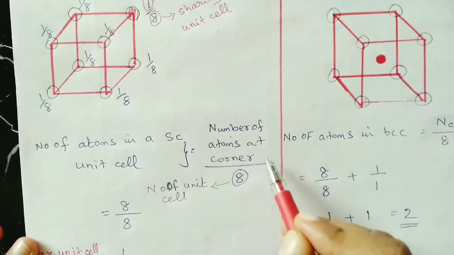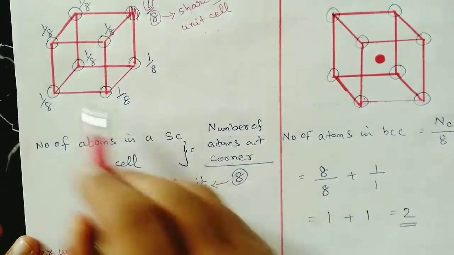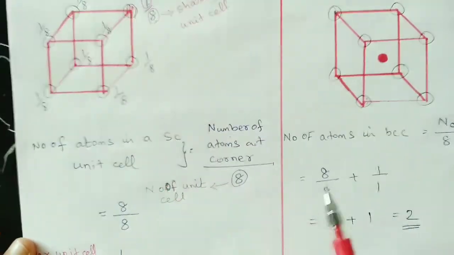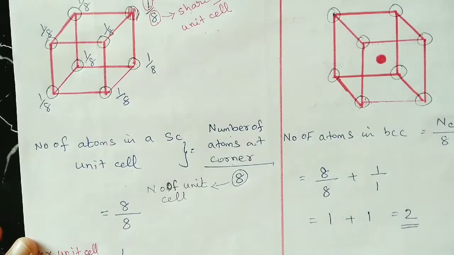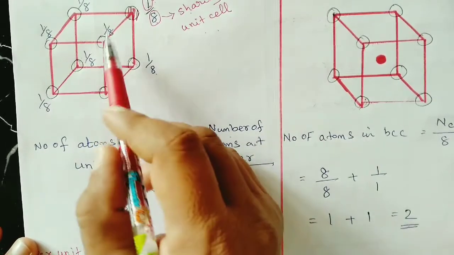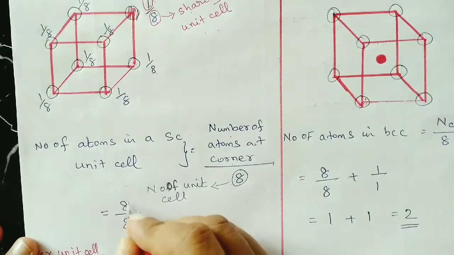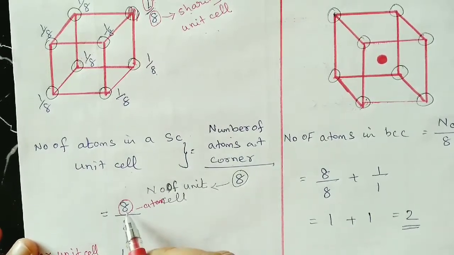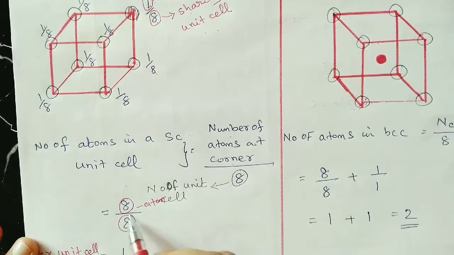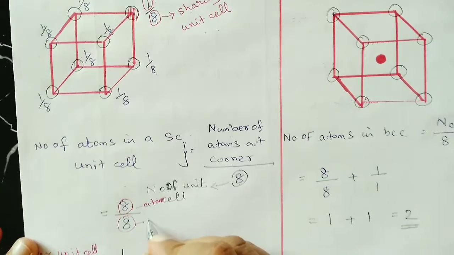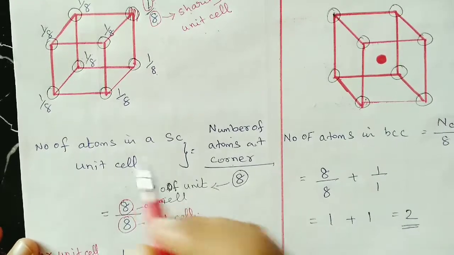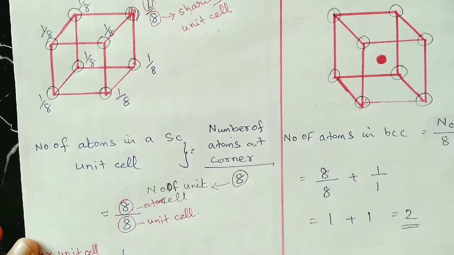Here the number of atoms is totally 8, because there are 8 corners and each corner is occupied by 1 atom. Each atom is shared by 8 neighboring unit cells. In this manner, 8 divided by 8 is equal to 1.